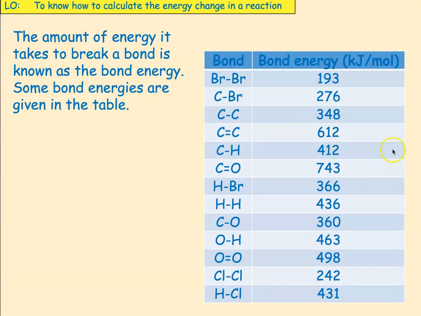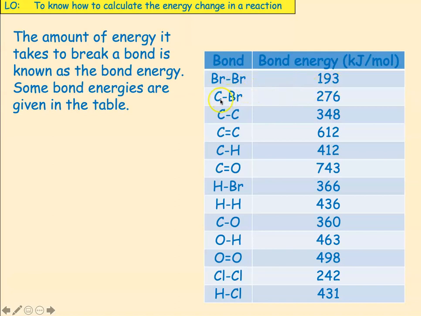Okay, so you need to get used to tables like this that you might see in your examinations. They show what we call the bond energies. So these are some of the bond energies. If you look here, you've got the single covalent bond between a bromine and a bromine. That's 193.